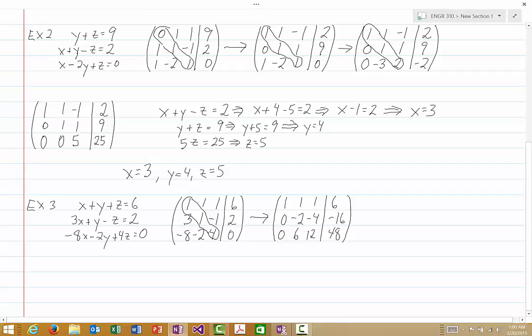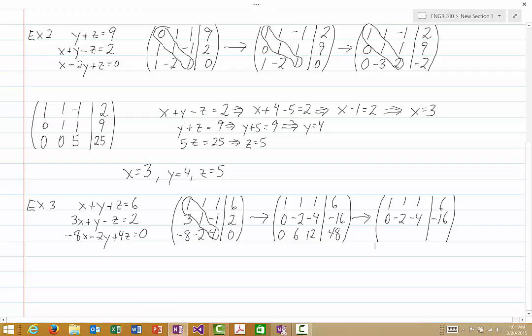And now we have one remaining non-zero term below the main diagonal, and it is this 6. And we can eliminate that by adding 3 times the second row to the third row. So let's do that and see what happens. We get 1, 1, 1, 6, 0, -2, -4, -16.